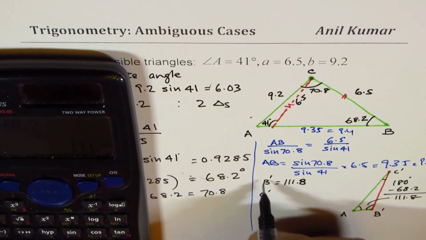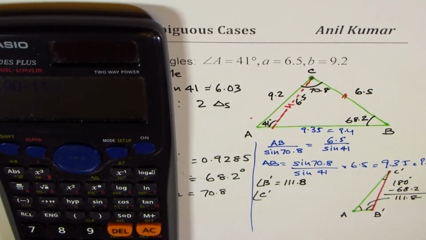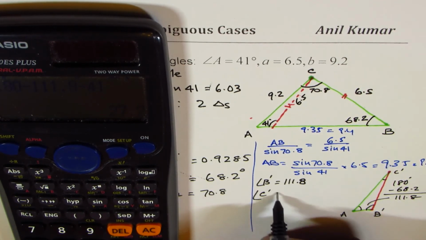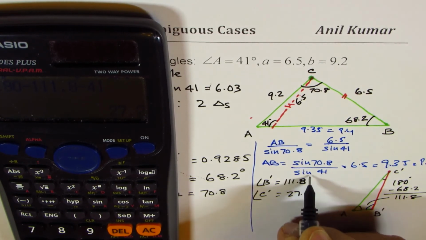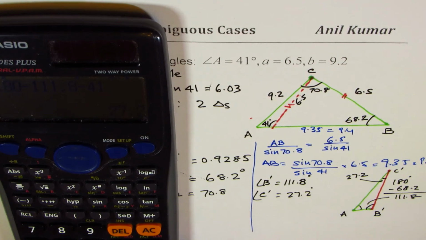So angle C dash is 180 minus 111.8 minus 41, which in decimals is 27.2 degrees. So a very small angle.